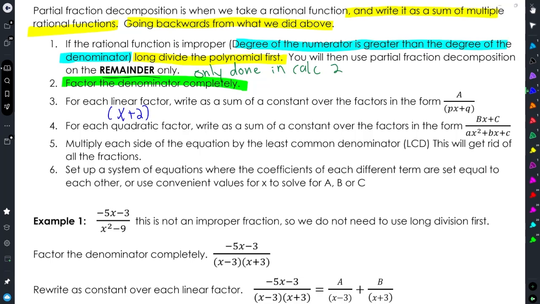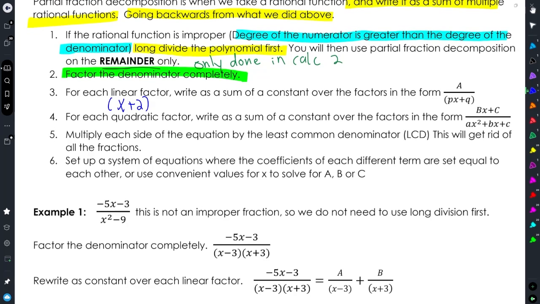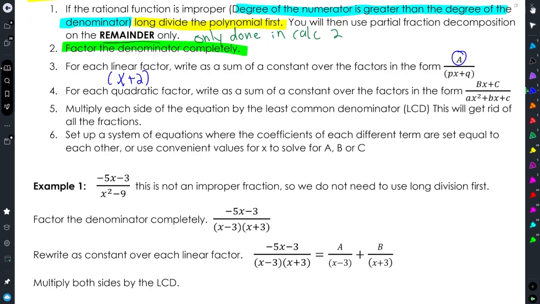We write it as a sum of a constant over the factors in the form of a, so some number over px plus q. And all this stuff will make more sense when we go through an example. Now, if we have a quadratic factor, we write it as a sum of a constant over the factors in the form bx plus c over ax squared plus bx plus c.